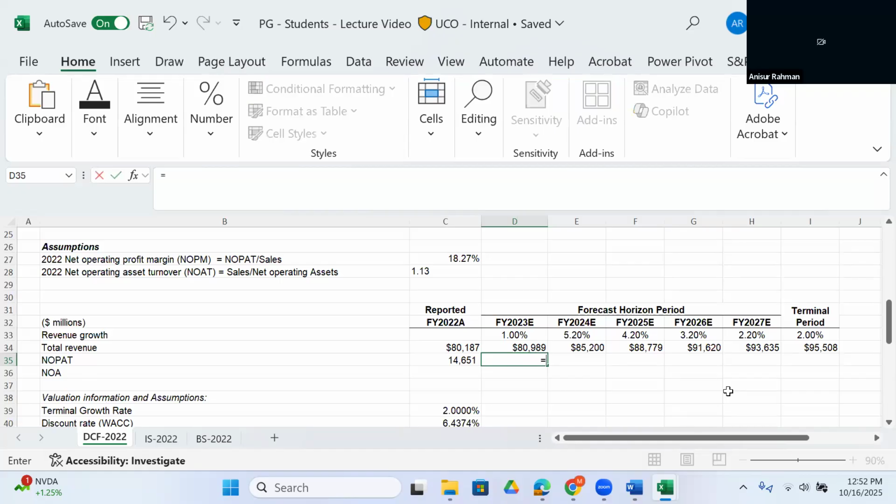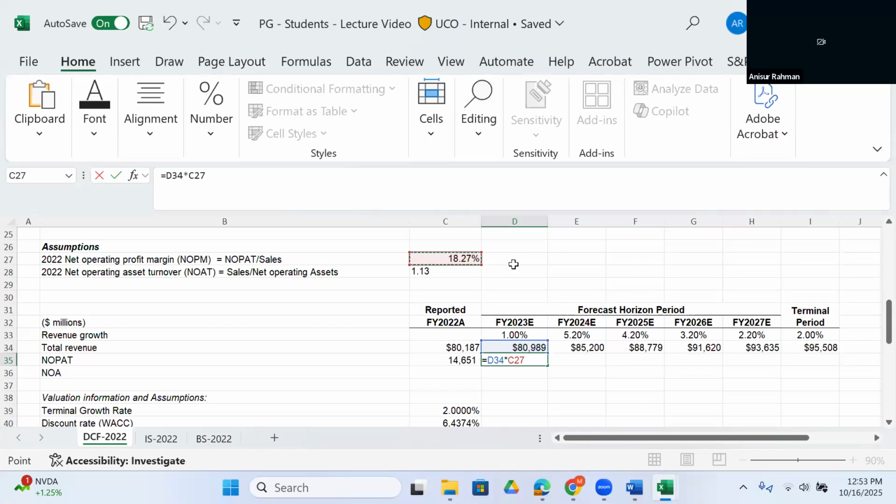So for example, if we know the revenue, and this is our net operating profit margin, and we are assuming this will stay the same for our case. So this will be then our revenue times this net operating profit margin.